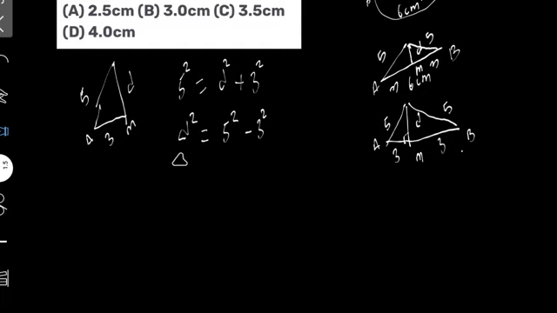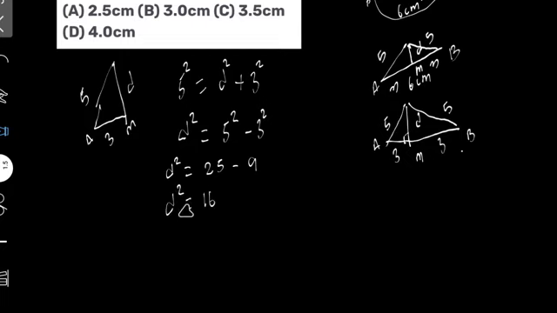So therefore we have our d squared equal to 5 squared, which is 25, minus 3 squared, which is 9. So let's subtract: 25 minus 9 is equal to 16, right? So d squared is equal to 16.